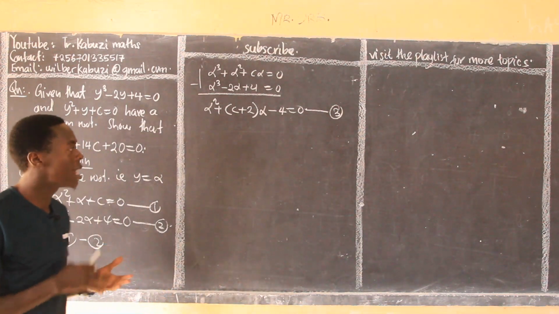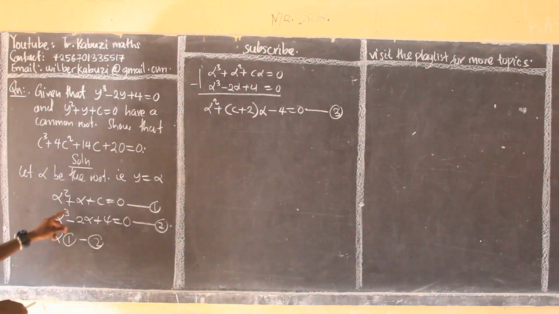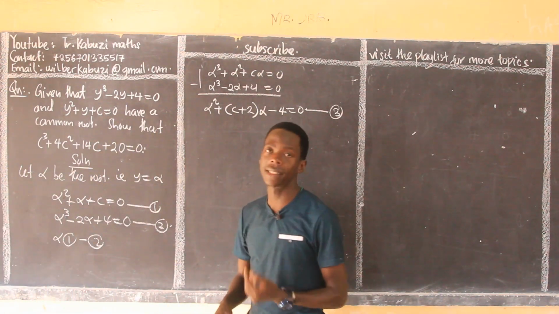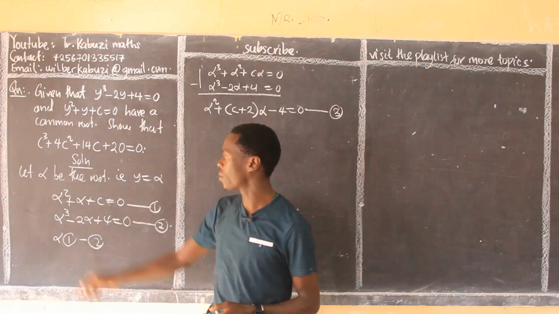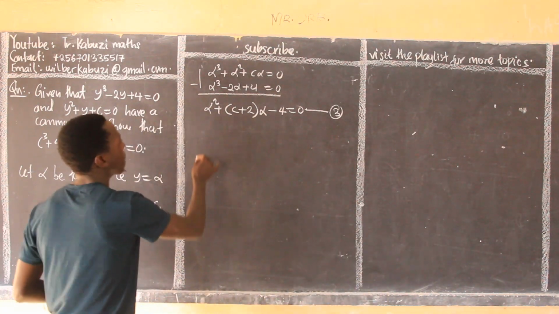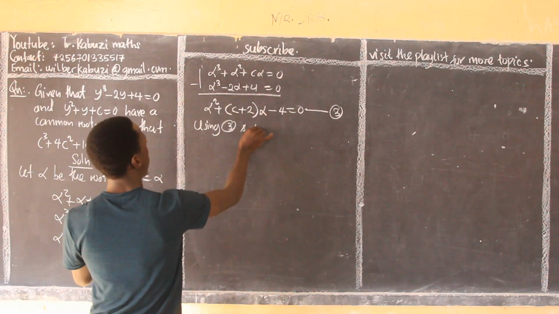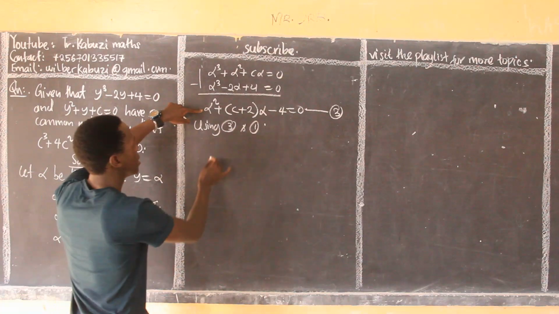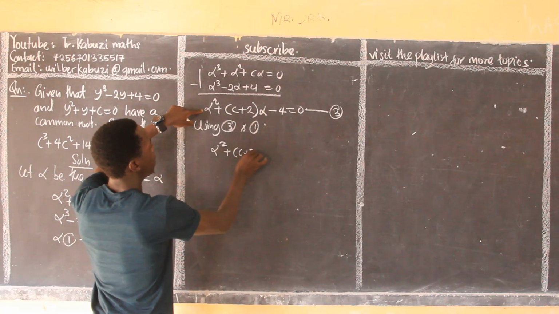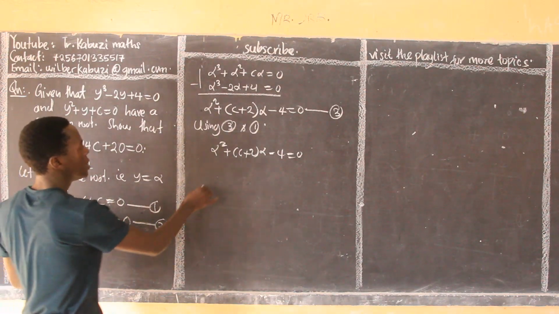Now this one is acting as my equation 3. We said eliminate these two higher powers, eliminate alpha squared and also eliminate alpha cubed. Now, you see that we have eliminated alpha cubed. Now my next task is to eliminate alpha squared. So what I'm going to do, I'm going to use this and this. So now I say, using 3 and 1. So I bring this one here first, then followed by 1.